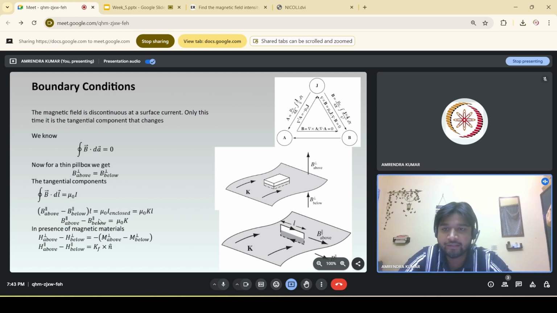So this is how you can write the parallel components that are going like this, and the current is in the perpendicular direction. So in the presence of magnetic field material, this is replaced with Ampere's law, and then it is defined like this: H above minus H below, and then the parallel components are defined like this.